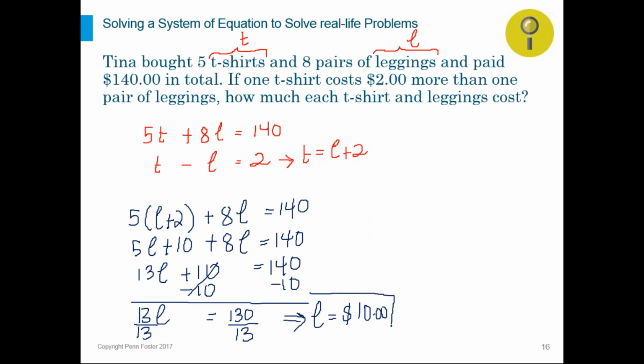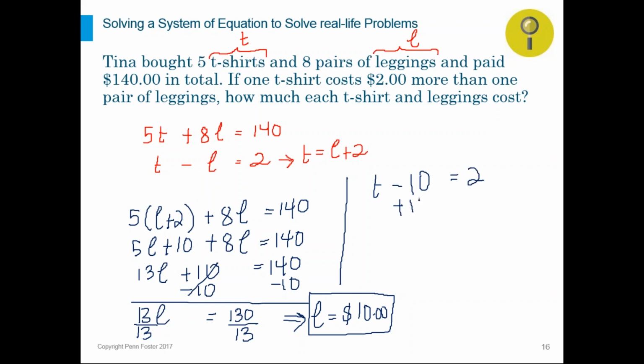So that is the cost of one pair of legging. Well, we know from this equation or this equation, the same if you want to use, that one t-shirt costs $2 more than L. Let's do it algebraically. So I'm going to use the original equation, T minus L, so minus 10 should equal 2.